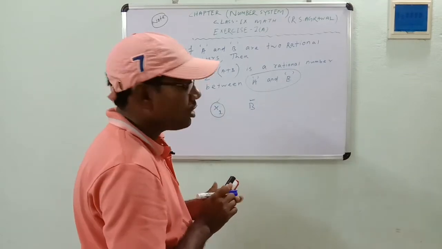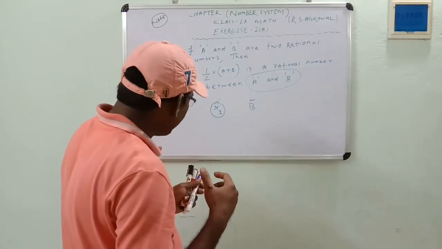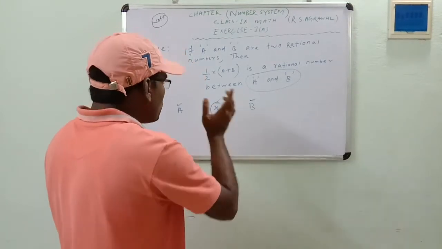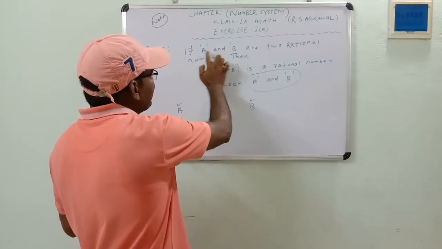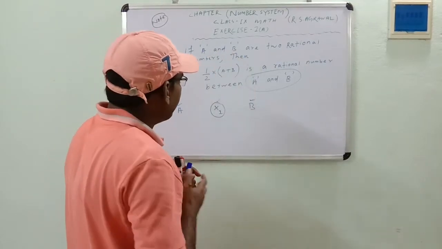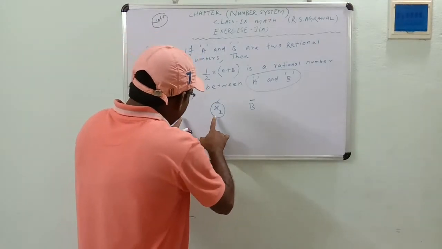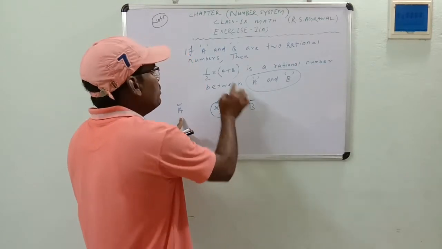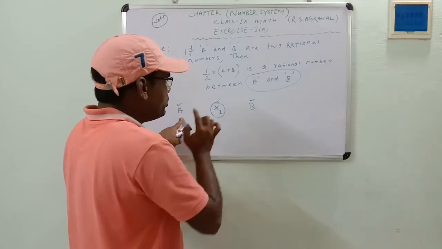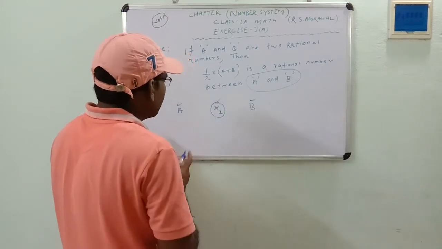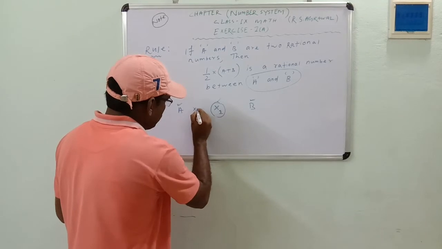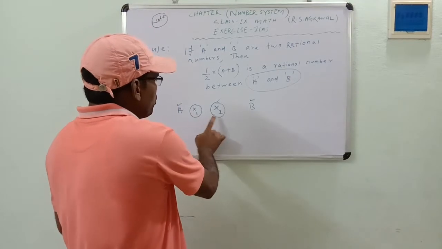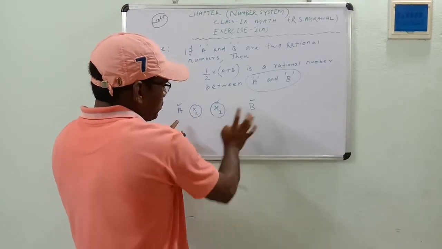What I said is that if you want to find out two rational numbers between these given rational numbers, then you will need to find out the middlemost rational number of these two by using the same formula. Suppose it is x2. Now you have already found out two rational numbers between these two.